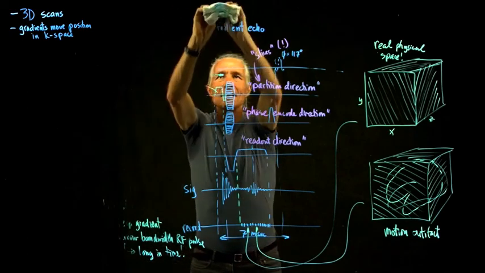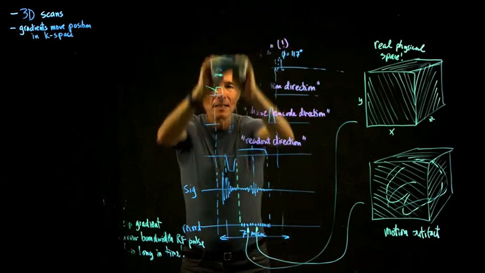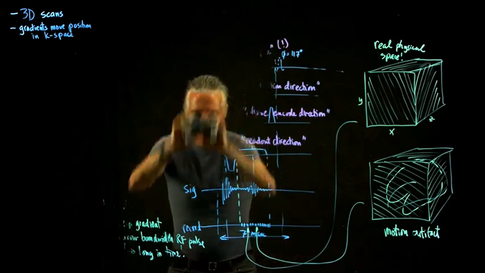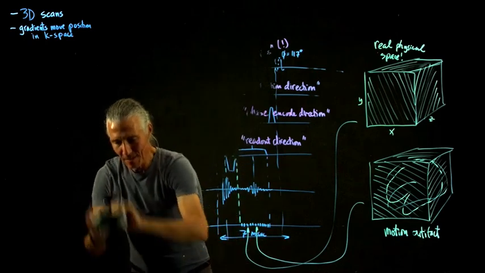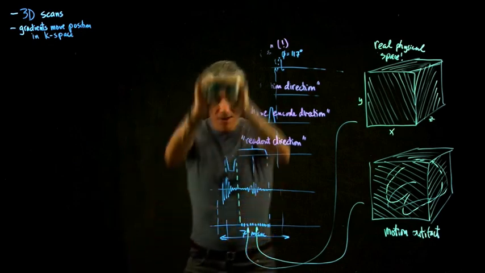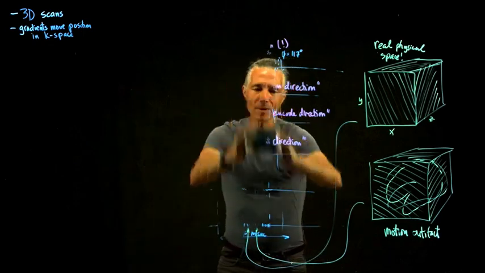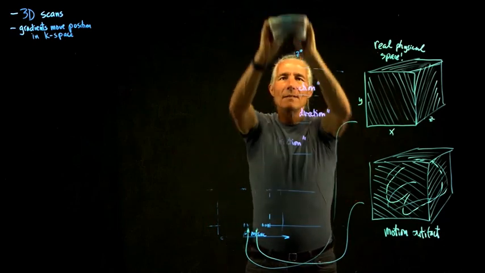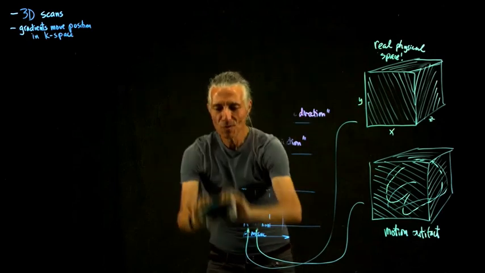The way people think about this is, again, abstracting down to a simple physical model: K-space is a two-dimensional or three-dimensional physical space. And what do the gradients do? They just move you around in it.